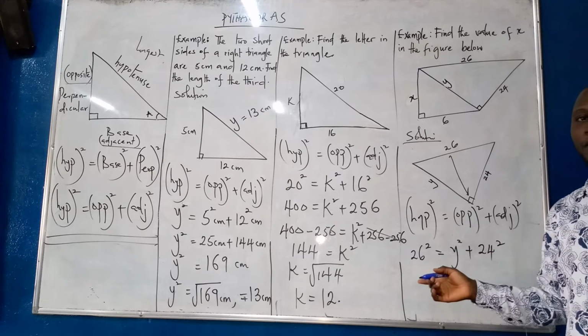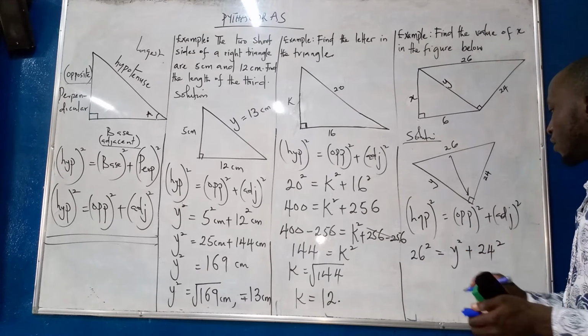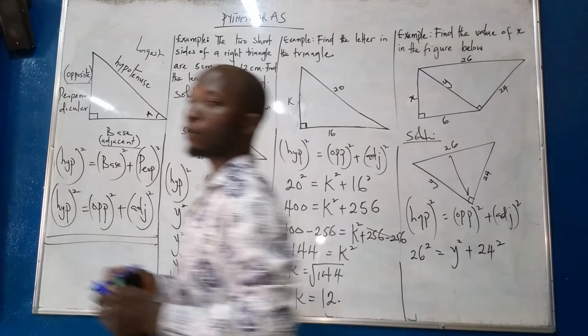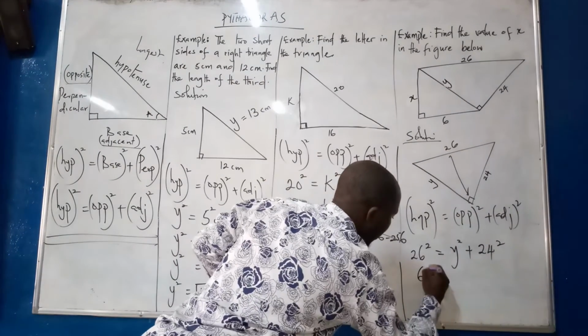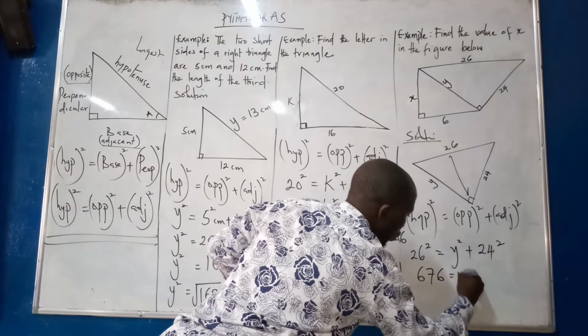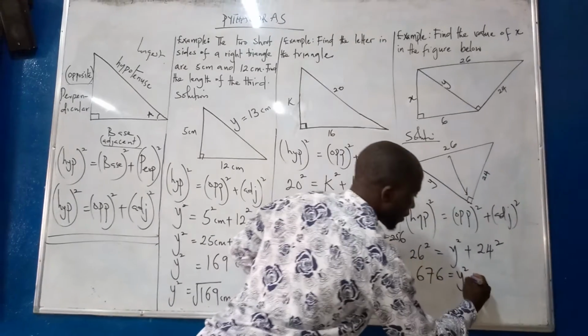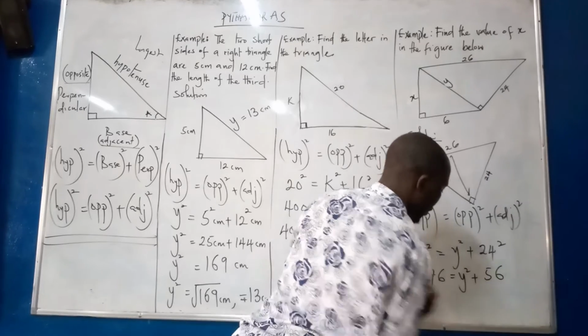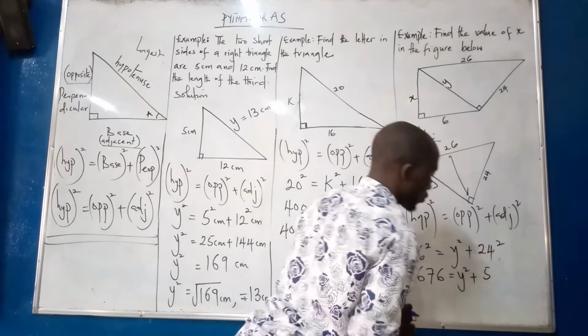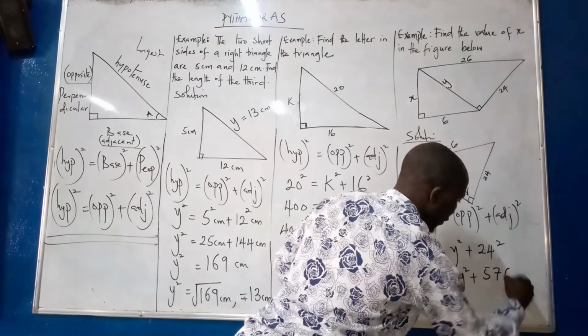The square of 26 will give us 676. So we have 676 equals y square plus 576. 24 square gives us 576.